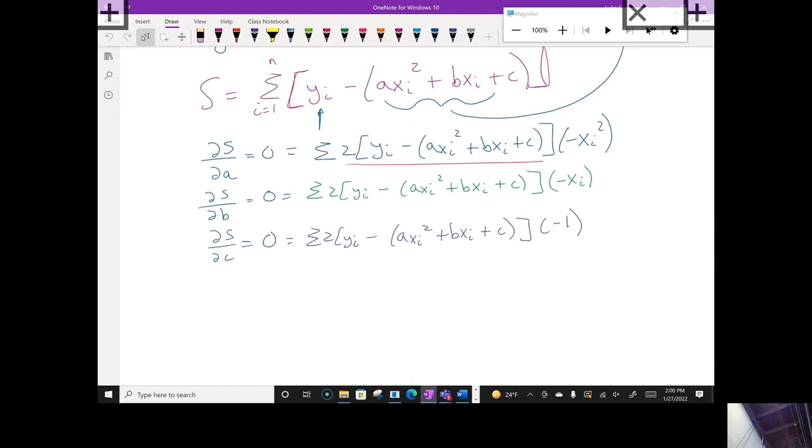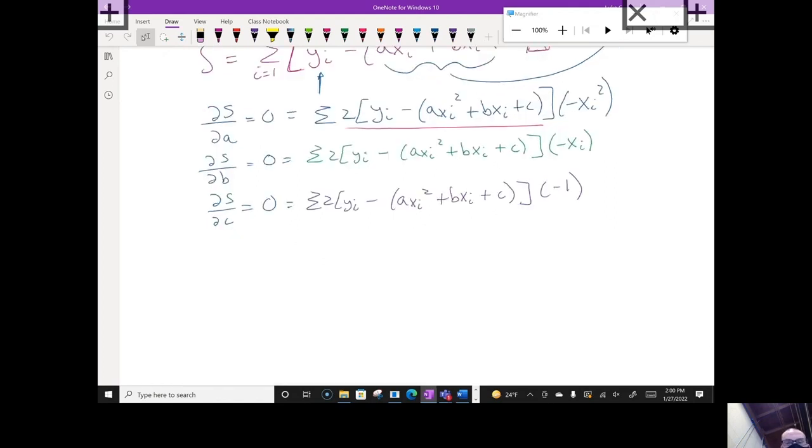If you really wanted to, you can plug one into the other, plug that into the last one, and then rearrange. That is so much harder than what I'm going to show you right now. I'm going to make life easier, and I'm going to make 3 more lines. This is basically this line up here.